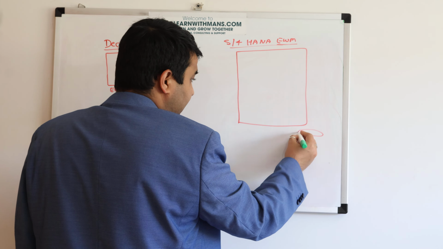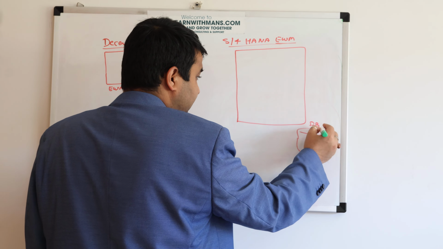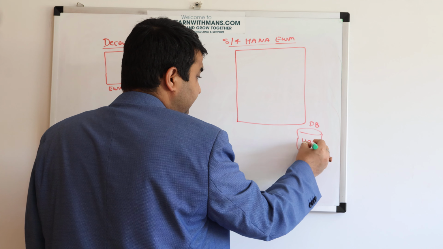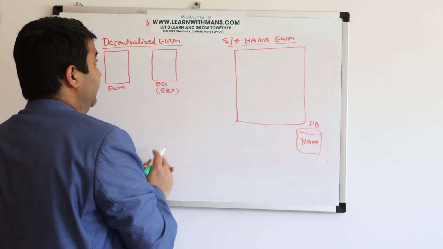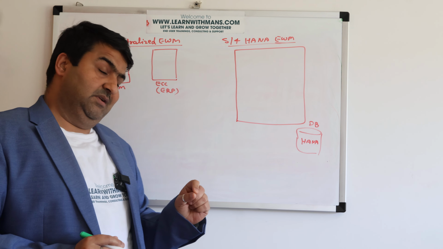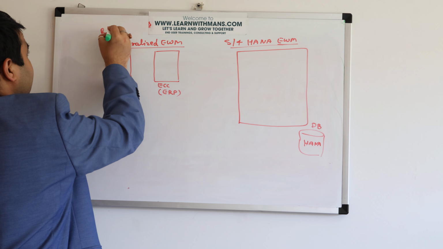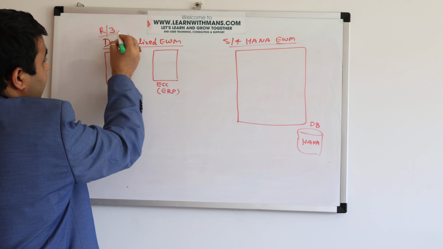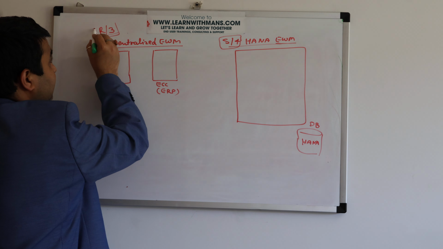It has the HANA database behind it. Decentralized EWM is the R3 architecture, and S4 is also an architecture.